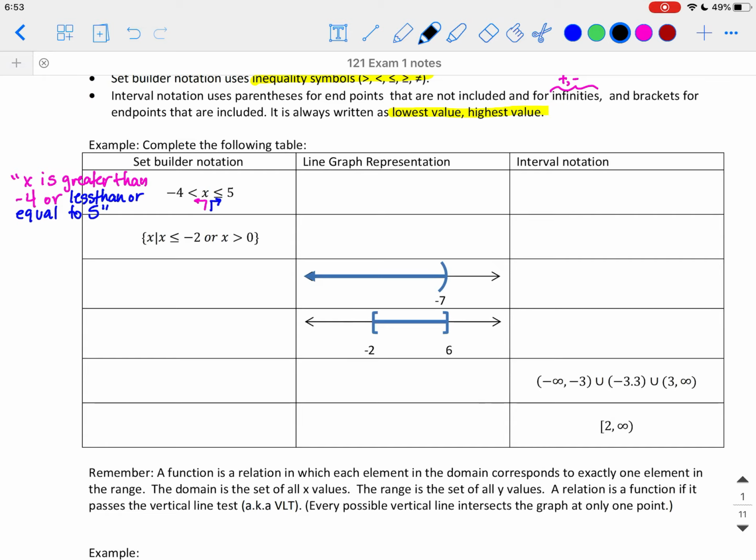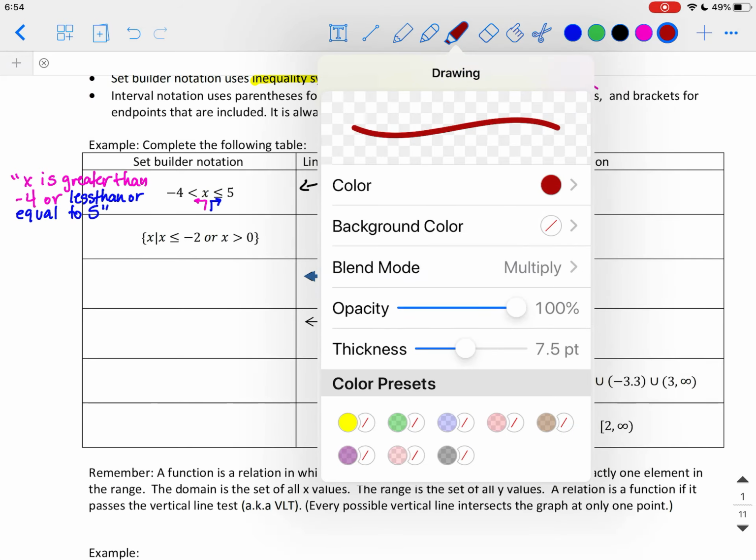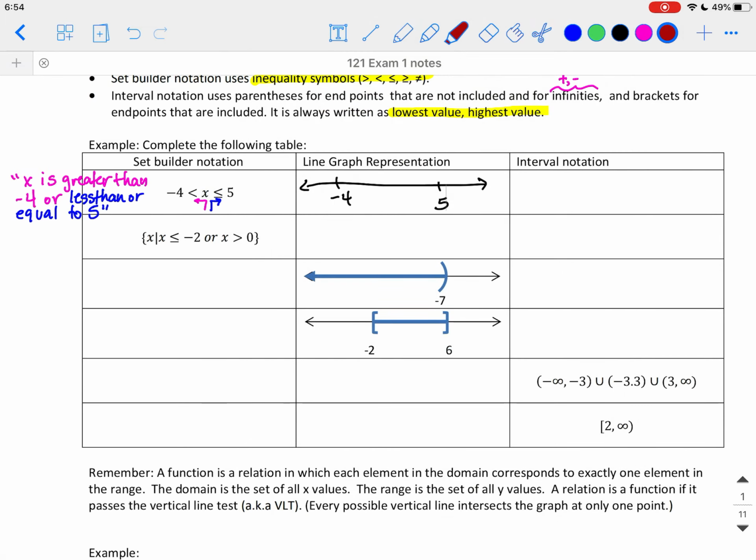So the line graph representation for this is going to be, I only need to put my important numbers here. So -4 is to the left of 5. Because of this notation right here, we're going to have a parentheses.